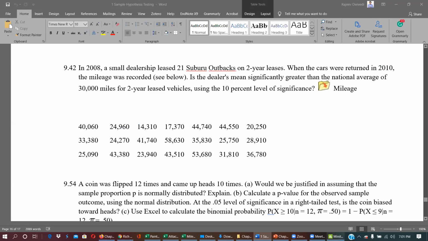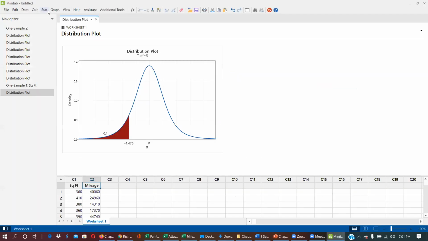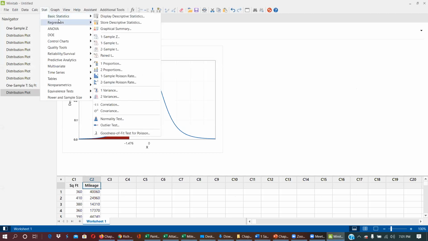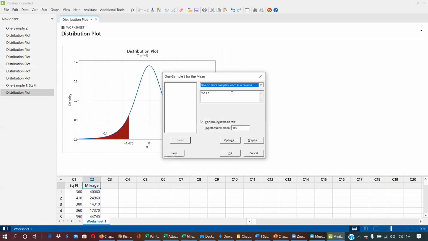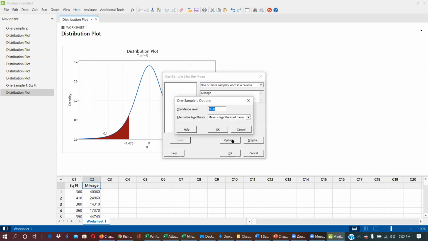Exactly, t-test. So let me go ahead, I grab statistics basic 1t. Now here, instead of that, I just choose the mileage option. We are going to use 30,000 as a benchmark based on the national average. We don't have a standard deviation of the population. Okay. Now, what do we do here? Option 10% significance level.